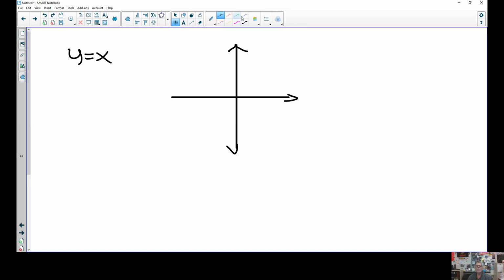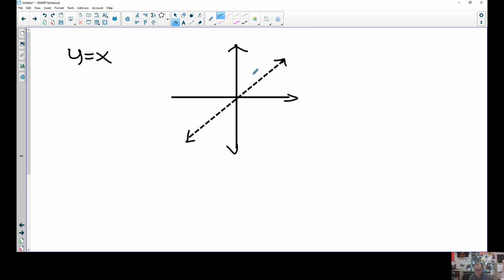The line y equals x goes through the origin, and would look like that. I want this. All right, so this is our line of symmetry.